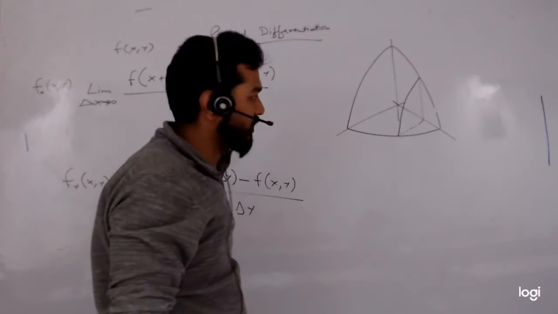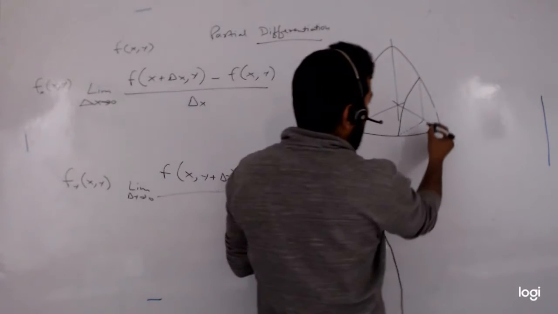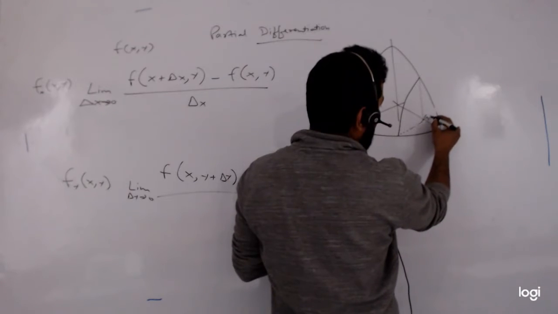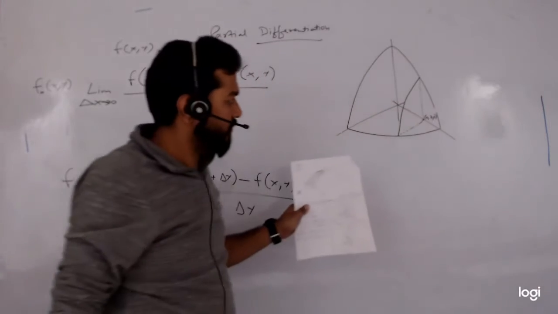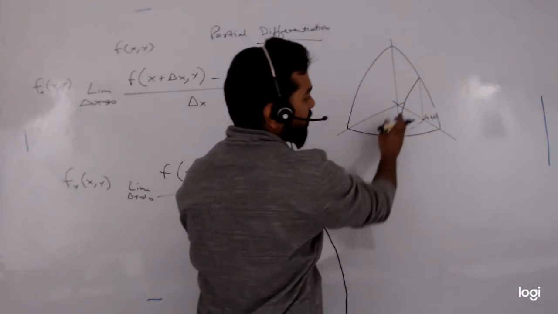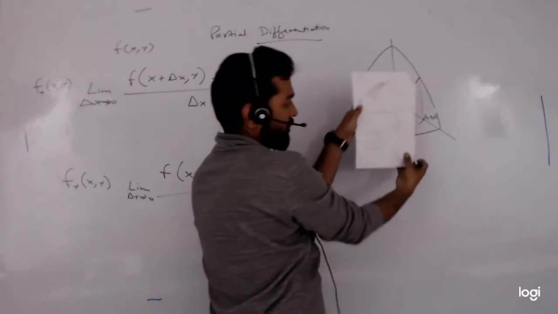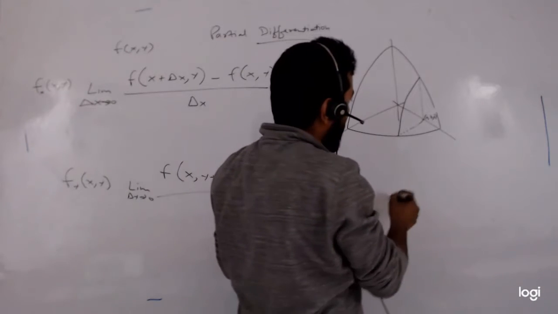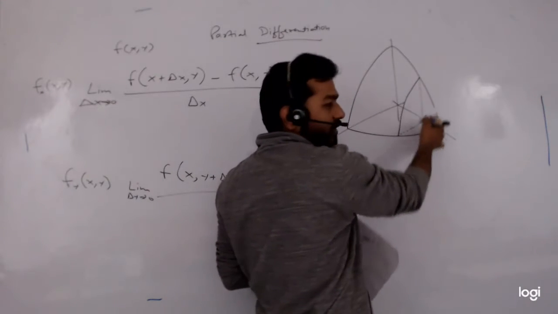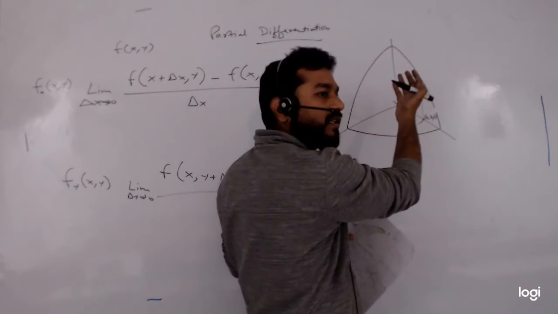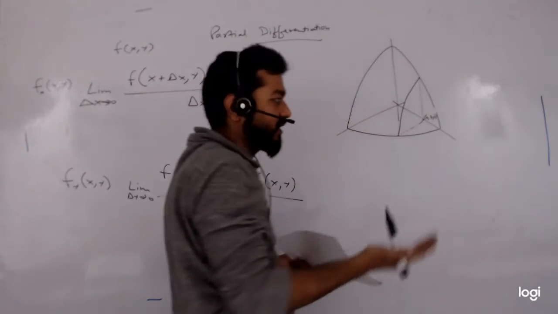What we have here, this point is 0, b, 0. Now it's not a plane like we had, but all across this it's like solid. The value of y is b. Now if we move anywhere on this, what do we have? We have a change in x and a change in z. That's what we need for the partial derivative.